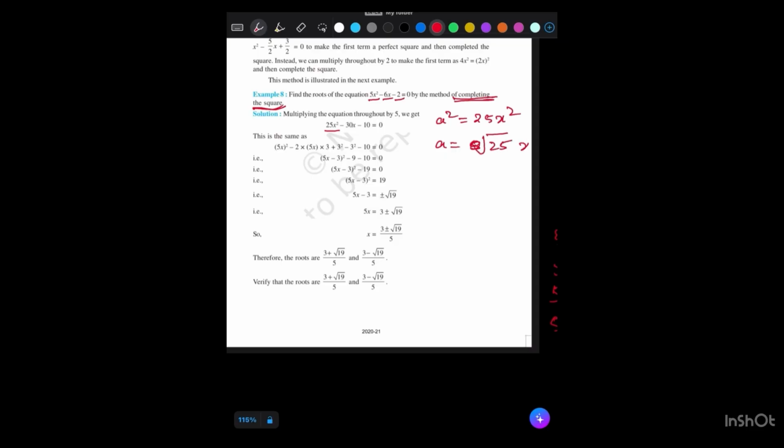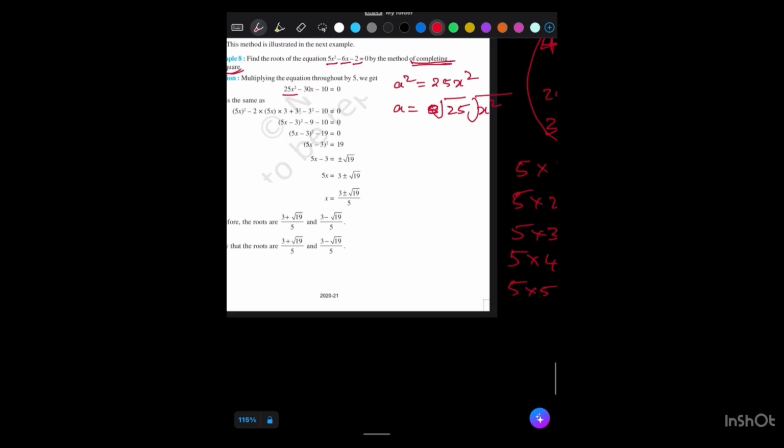You can take the square root: when the 2 goes to the right-hand side, it becomes a square root. What is the square root of 25? It is 5. What is the square root of x squared? It is x, since the square and root cancel. It will become 5x, right?